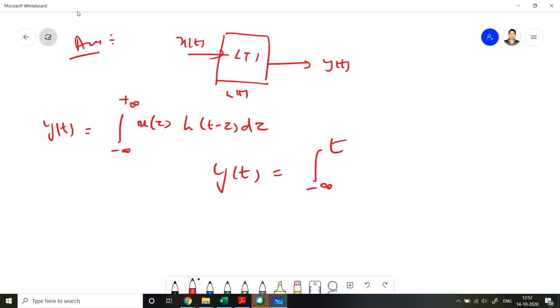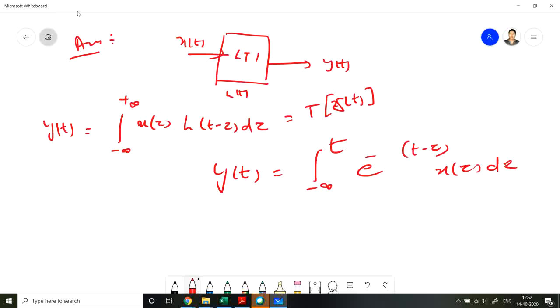It is given as y(t) equals the integral from minus infinity to t of e^(-(t minus tau)) x(tau) d tau. Basically this is our system representation for the LTI system.